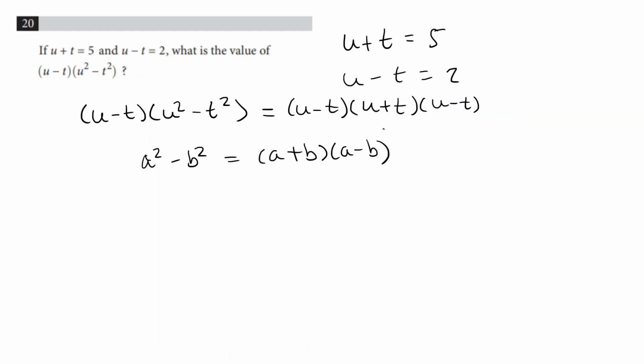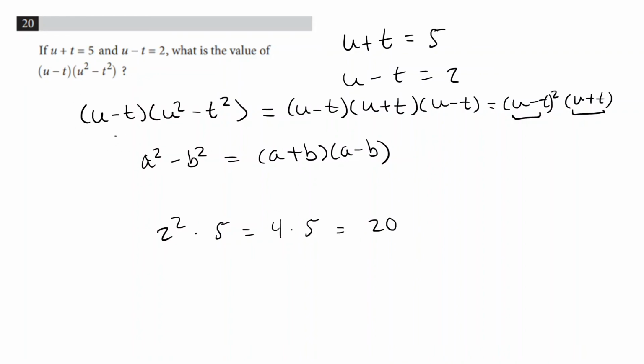And if you really want, you can group these together, which gives us u minus t squared, there we go, times u plus t. And now we can treat these entire expressions as variables where we can just plug in the value. So given that we know u minus t is 2 and u plus t is 5, we then have 2 squared times 5 is equal to 4 times 5 is equal to 20.